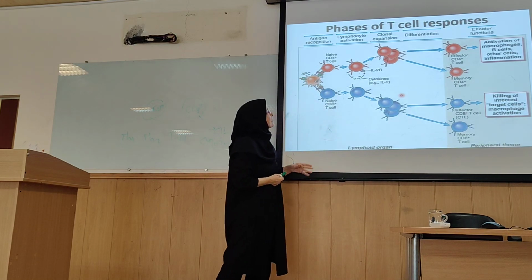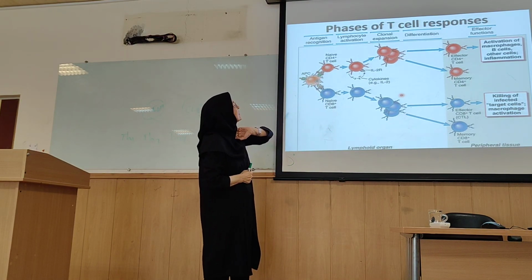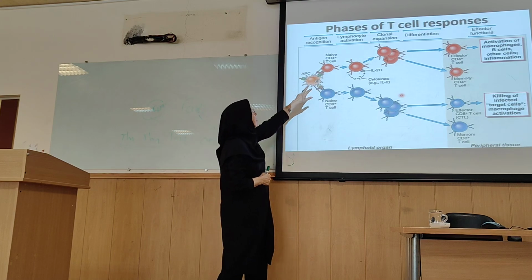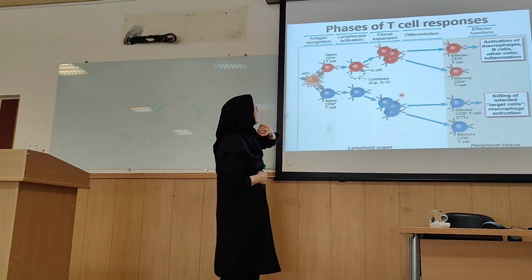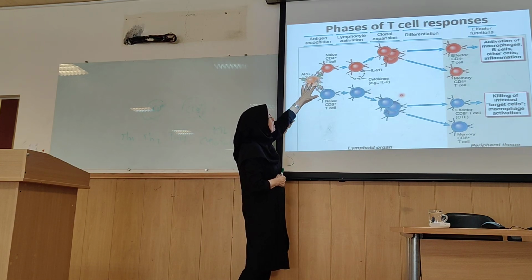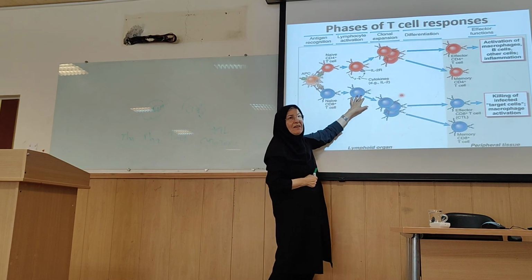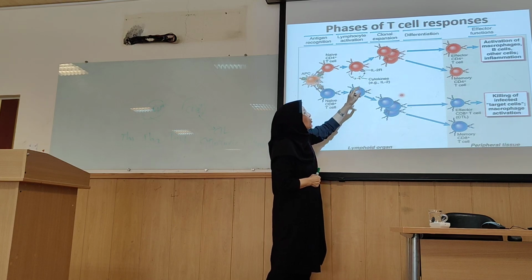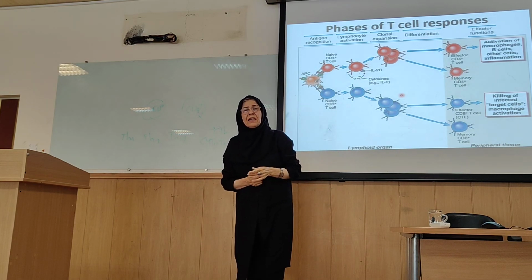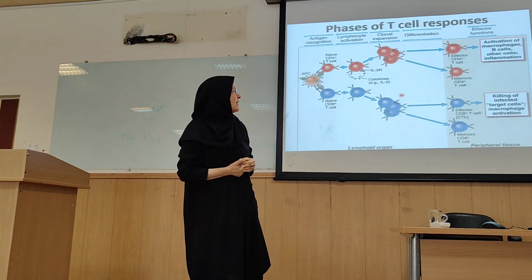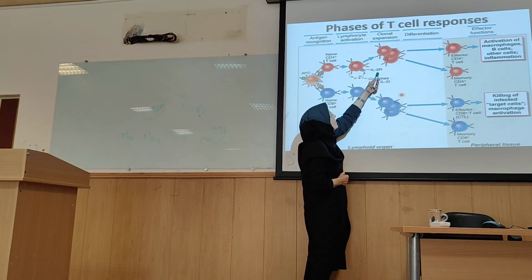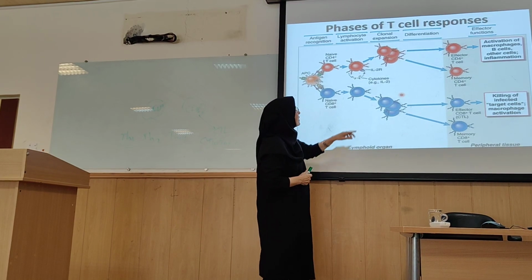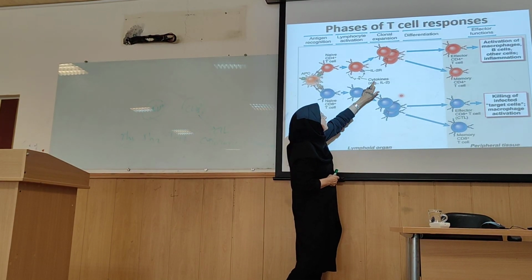Okay, this is the phases of T cell responses. CD8 positive T cells and CD4 positive T cells recognize antigen and activate. After activation, the most important cytokine produced by activated T cells is interleukin 2.